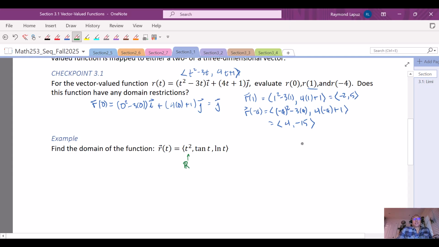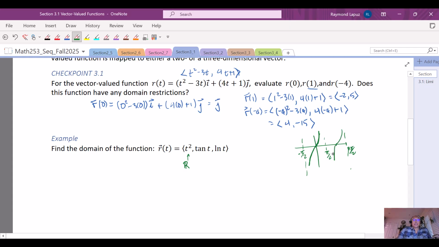The tangent function, if you remember, has discontinuities at pi over 2, and then 3 pi over 2, and negative pi over 2. So they kind of look like a bunch of curves like that.